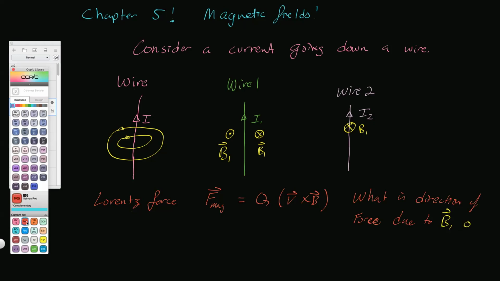And this will be on wire 2. We just want to know what the direction is. We use the right-hand rule, right? Because it's a cross product.